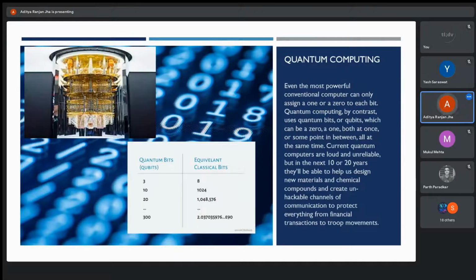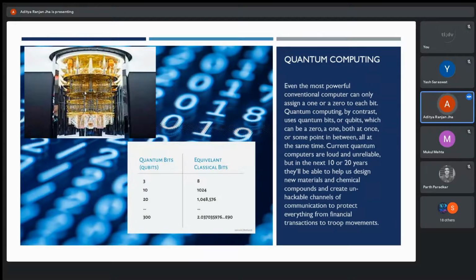Next, I would talk about quantum computing, one of the most awaited computing systems. We are not quite far from reaching it, but there are physical limitations, as you can see in this image. There are too many limitations to store these types of computers.